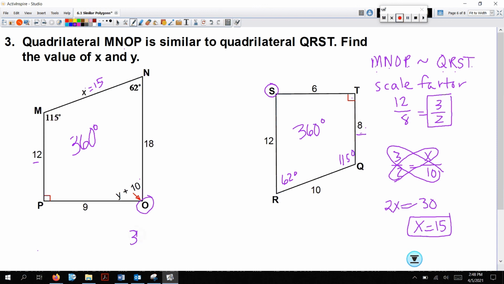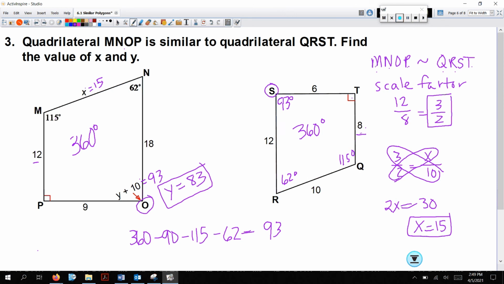If you take that 360 and subtract the 90, subtract the 115, subtract 62, I get 93. So that means S is 93 degrees, and y plus 10 equals 93. Subtract 10 from both sides and you get y is equal to 83. So we solved for y, we solved for x, yippee! And we found the scale factor, so that was awesome.